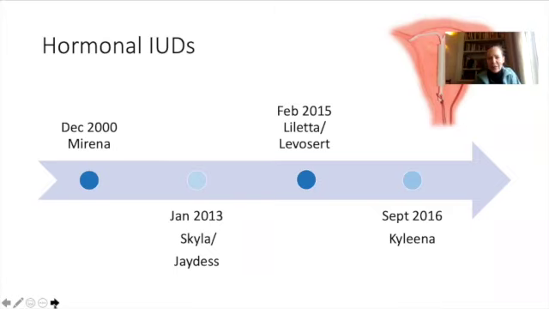In 2015, Liletta, or what is marketed in the UK as Levosert, was introduced, and that is really the generic version of Mirena, which was a quantum leap in bringing the price down, which is really important in increasing access. But in terms of the actual medicated IUD, wasn't really any different. And then in September 2016, Kyleena was introduced.